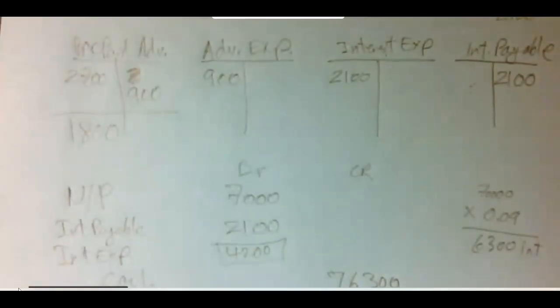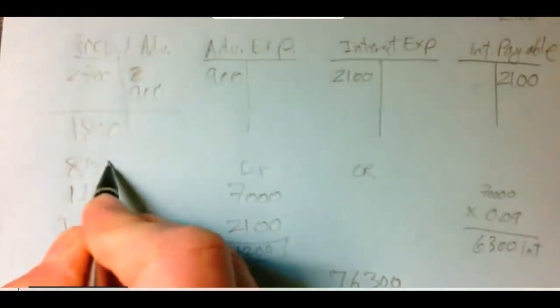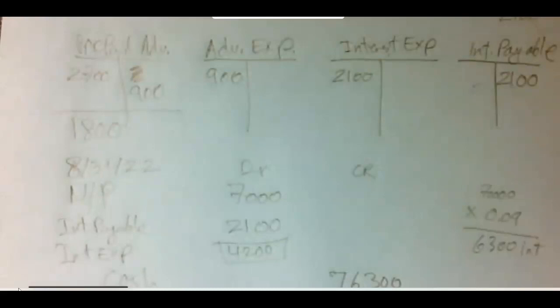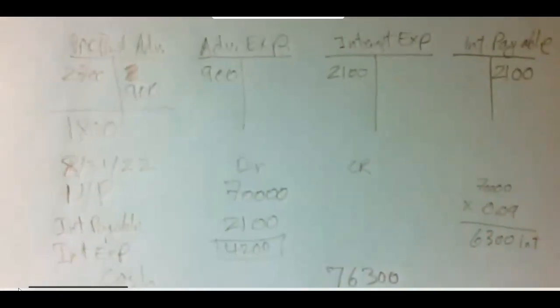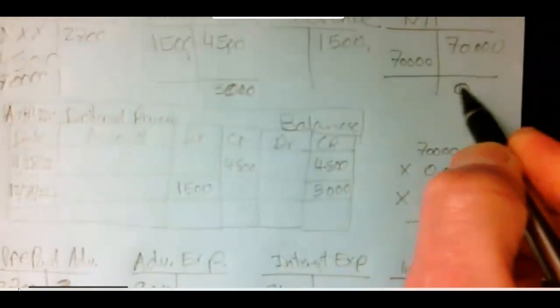So that way, in August of 2022, you close the loan, including payment of interest. So the liability is closed, interest expense is recognized, and you pay $76,300, and the note payable is closed. Then you post this into the ledger here. So note payable should be closed right there. That's 0.